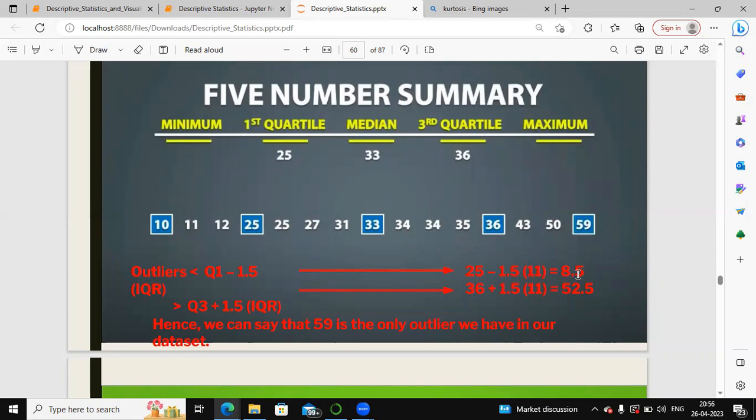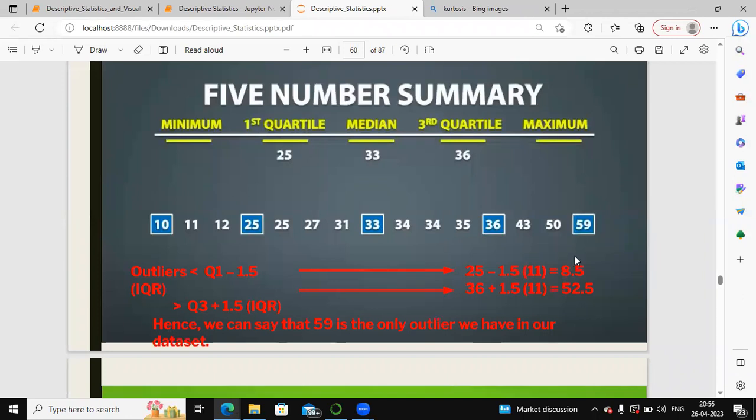And now my upper value: 36 is our Q3. Q3 plus 1.5 times 11 gives 52.5. So you can see that the upper bound is 52.5 and the lower bound is 8.5. Here 10 is greater than 8.5, so it's fine.